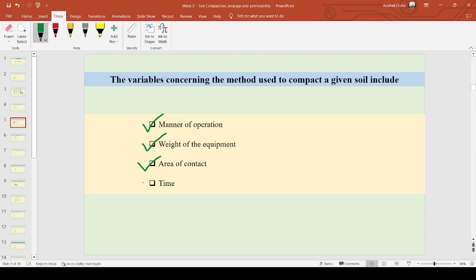Yes, all. And for how much time the pressure has been given on the soil. So every variable here is concerned while compaction is taking place. Each individual method of compaction will concern all these four variables. Next question.